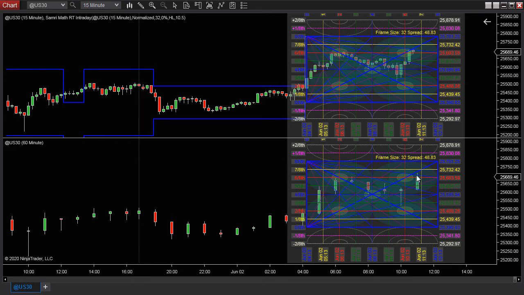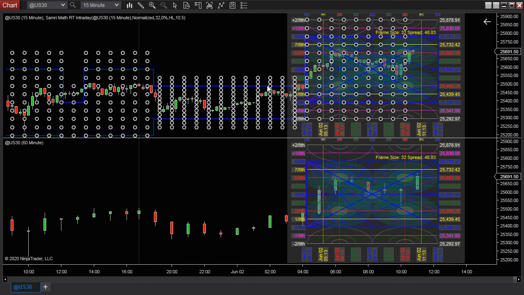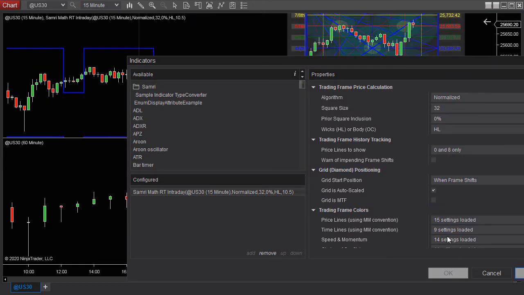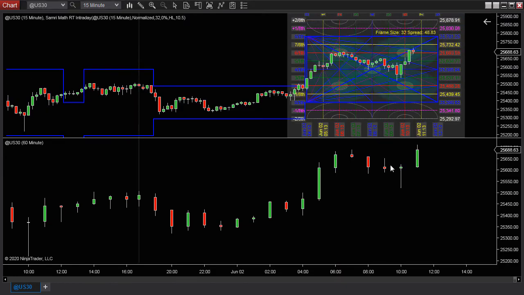So what we're effectively seeing here is the grid of the 15-minute chart, but we're seeing it how it panned out on the 60-minute chart.